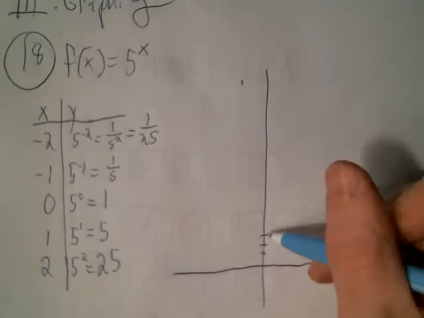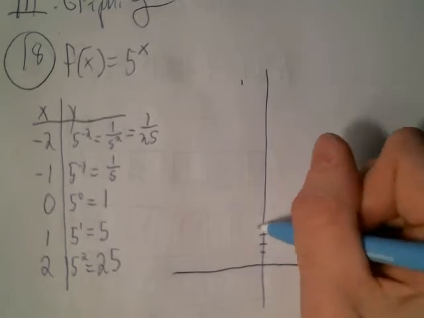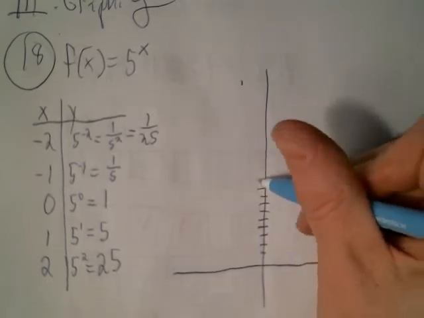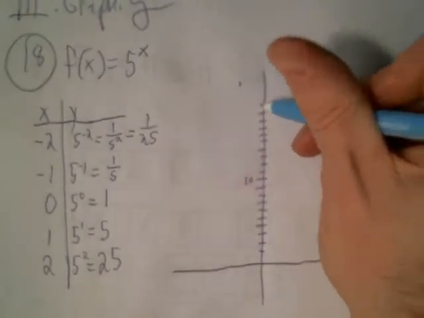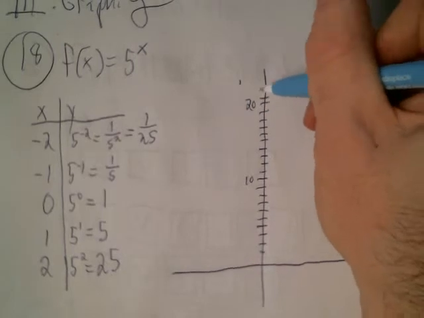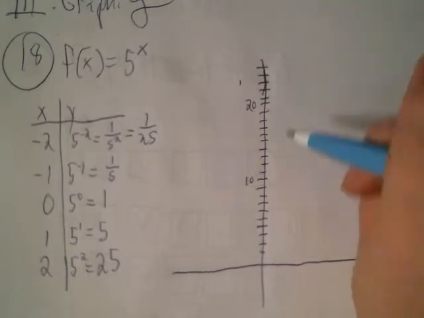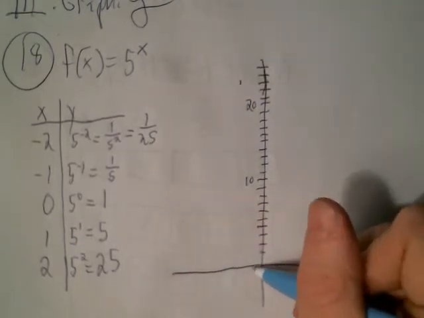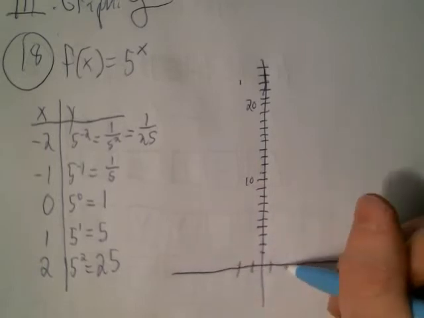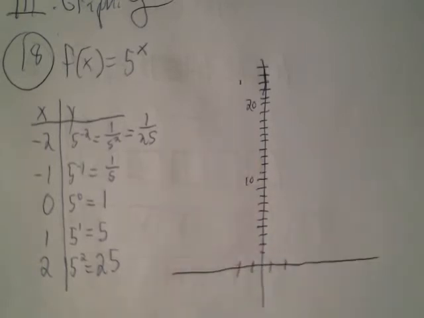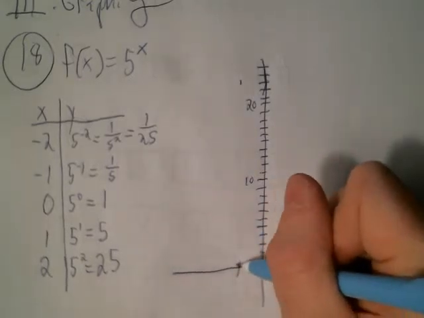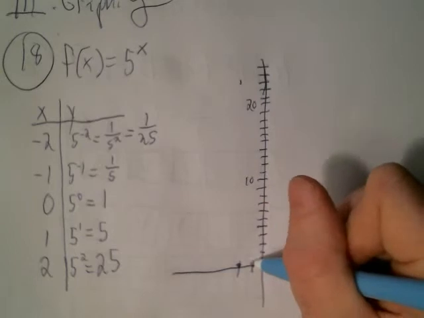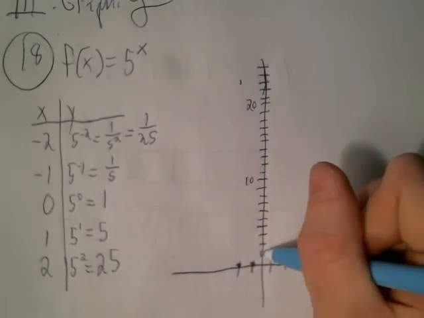It may be a little crazy, but here I go. 1, 2, 3, 4, 5, and so on up to 25. And in the x direction, I need to go at least 2. So 1, 2. Okay, so -2 is 1/25, -1 is 1/5, 0 is 1.